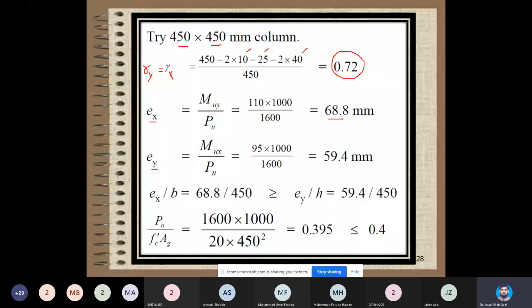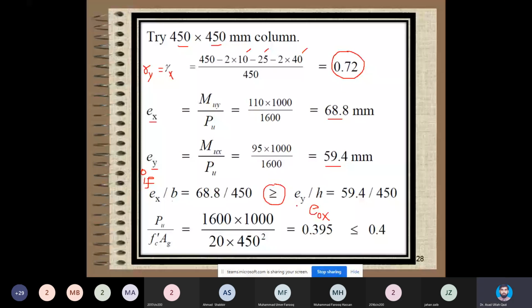The condition was that if EX over B is greater than or at least equal to EY over H, then E naught X will be applicable. In this case, we have this condition fulfilled because the column is square, B and H are the same, and EX is greater than EY.